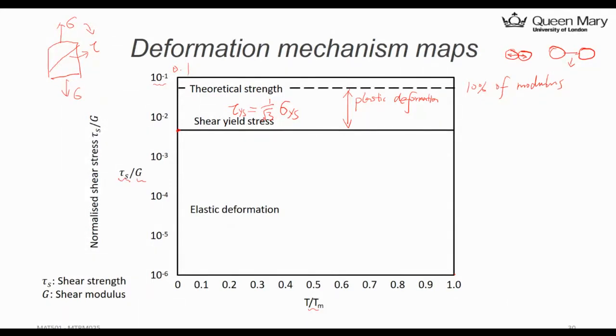If it is 0, that's very low temperature, freezing. 0.1 is also basically very low temperature. Normally, creep will happen around 0.3, right? So this is basically the frame of the deformation mechanism map.